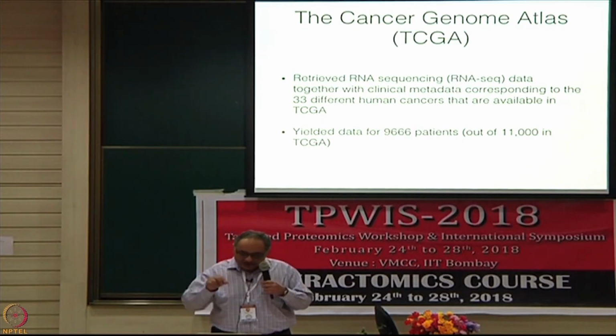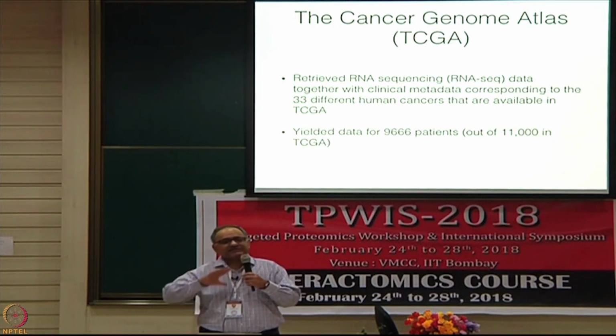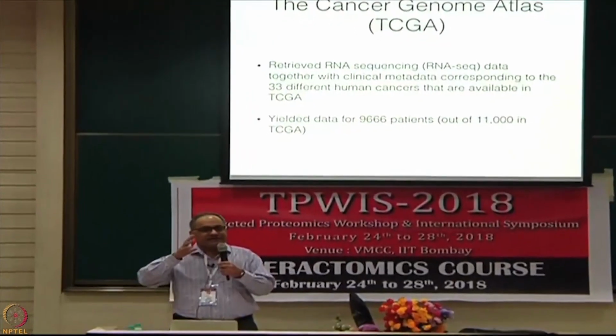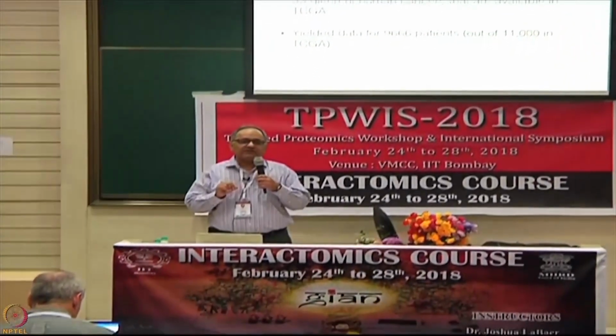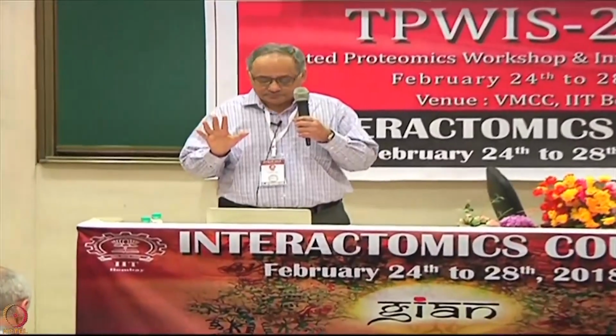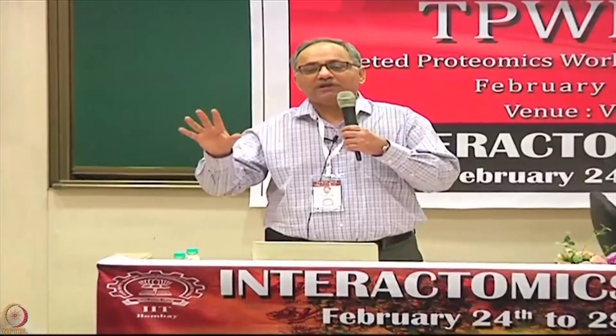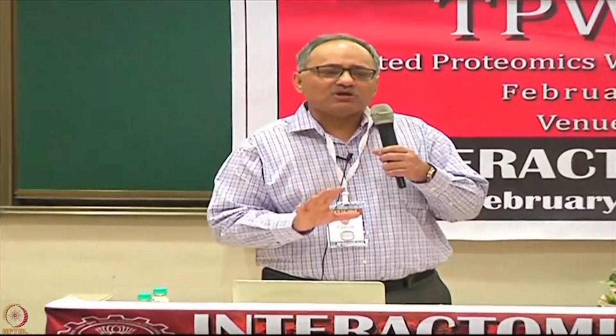So, it was with that thought that the RNA sequencing data with the clinical metadata, which means the survival and how the patient did, was derived from the Cancer Genome Atlas. And we got data out of a total of 11,000 patients for about 9,600 patients, which was the study pool.